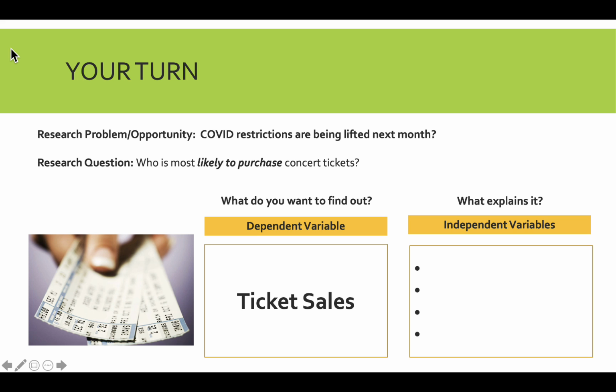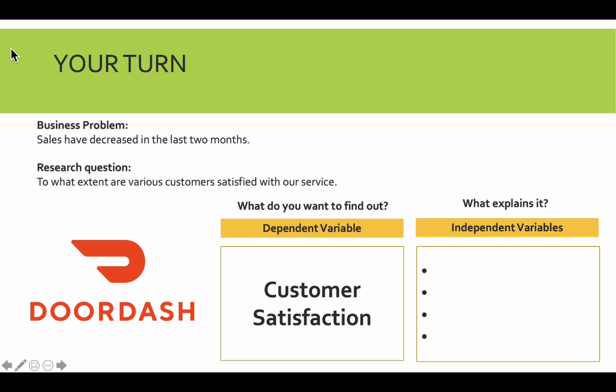So your dependent variable is ticket sales. Who is most likely to purchase? So I said all of those things. I also could say age, income, vaccination, male, female, close to venue, all of those things. Okay. So that is example number 1.